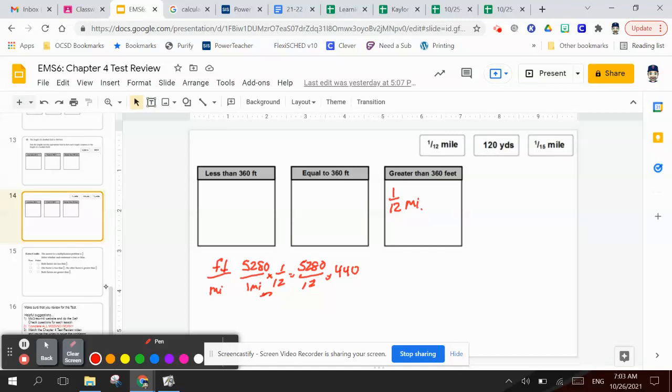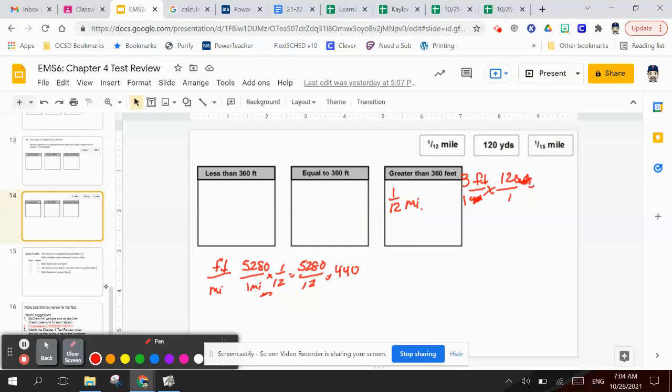120 yards. So I need to know feet and yards. I know that 3 feet equals 1 yard, and I have 120 yards. The yards cancel each other out.